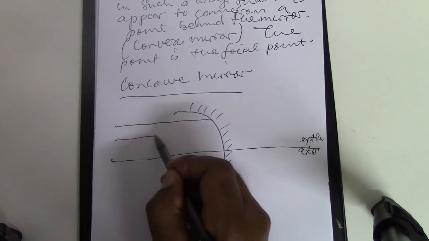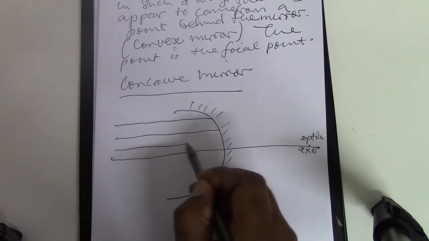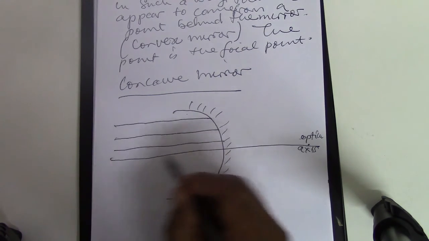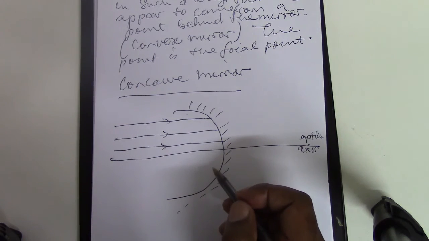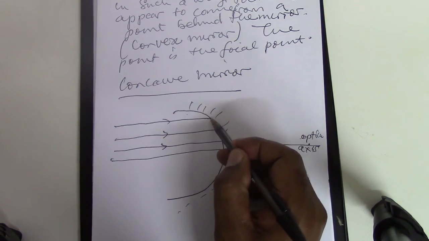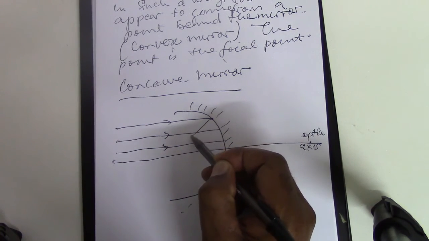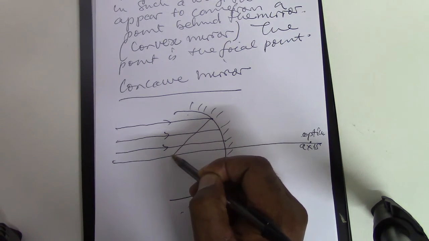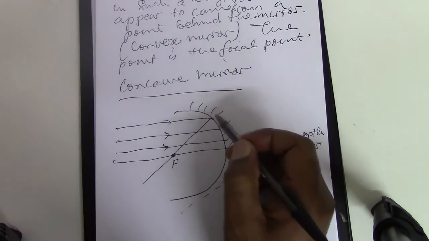They come, but they are parallel to each other or parallel to the optical axis like that. They are parallel. Now, all of them, when they reflect, they do so in such a way that they have to pass through the focal point.